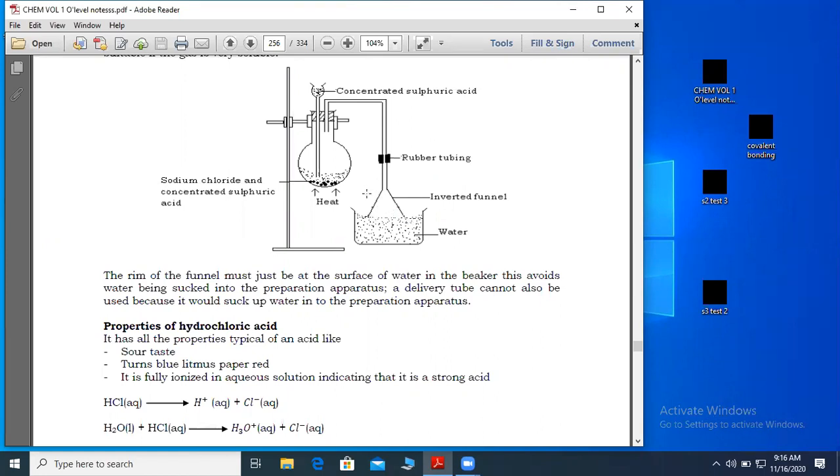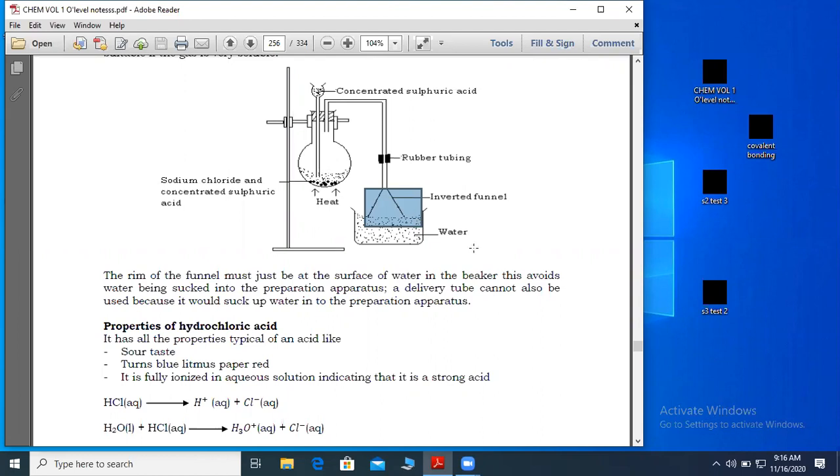So this inverted funnel prevents water from flowing back to the preparation flask, because when water flows back, since you are heating, the flask will break. And that is the same case we looked at when we were preparing ammonia.